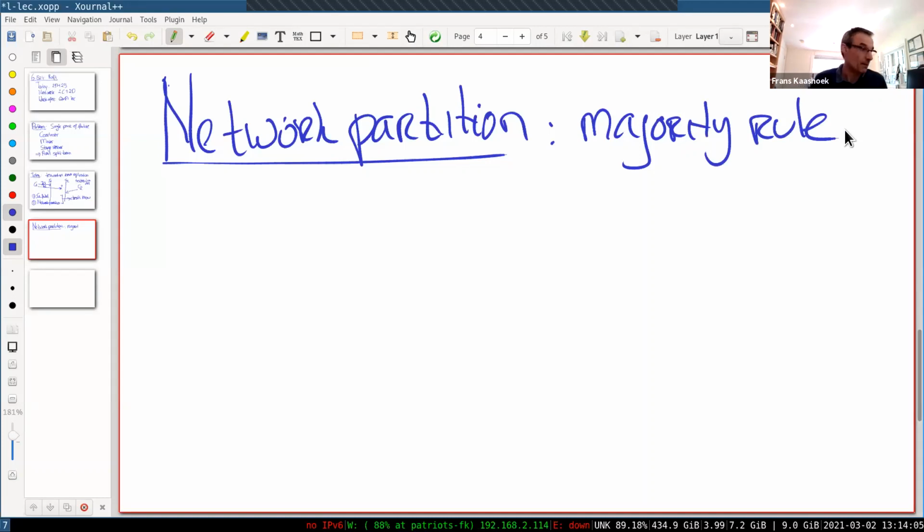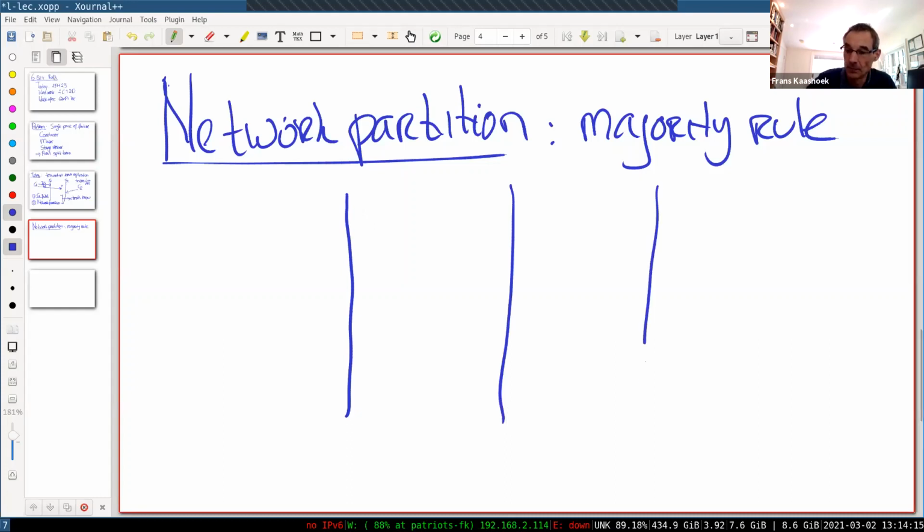Just to give the example in the context of the test and set server, instead of running the server with 2 replicas, which I conveniently did, I'm going to run it with 3. So I'm going to have S1, S2, and S3. And the rule now is that a client can consider an operation succeeded if it at least can update a majority of the servers.